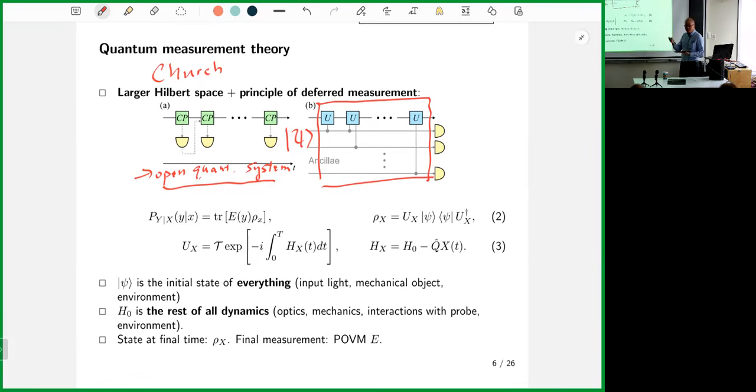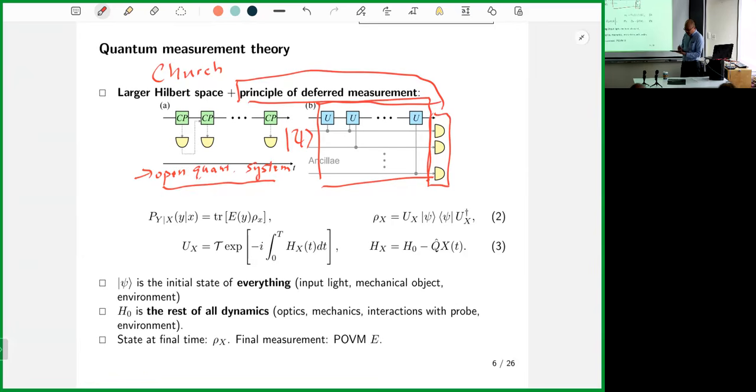And finally, in practice, you're doing continuous measurements at the same time as the waveform is coming in. But in quantum information theory, there is something called the principle of deferred measurement, that we can actually use an equivalent model of final measurements at the final time to reproduce the statistics of a continuous measurement.